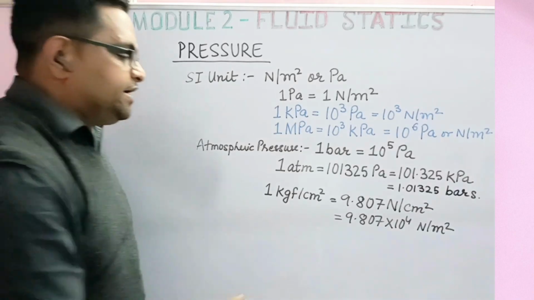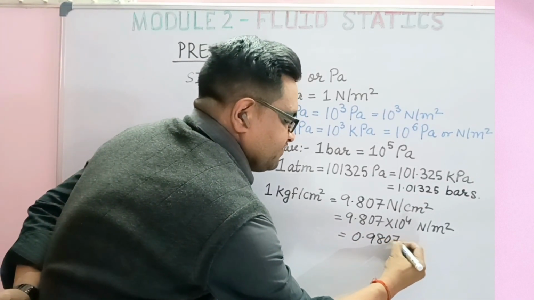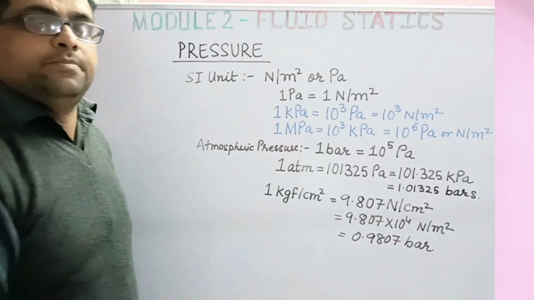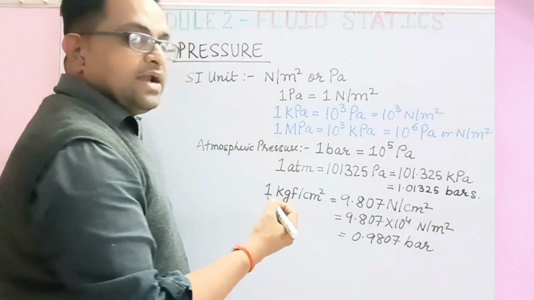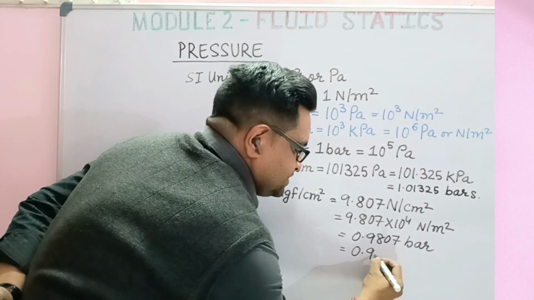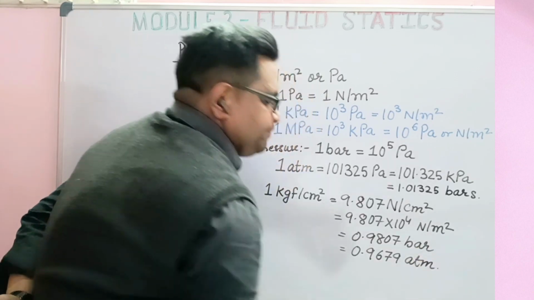In terms of bar, it will be 0.9807 bars, and in terms of ATM, it is equal to 0.9679 ATM.